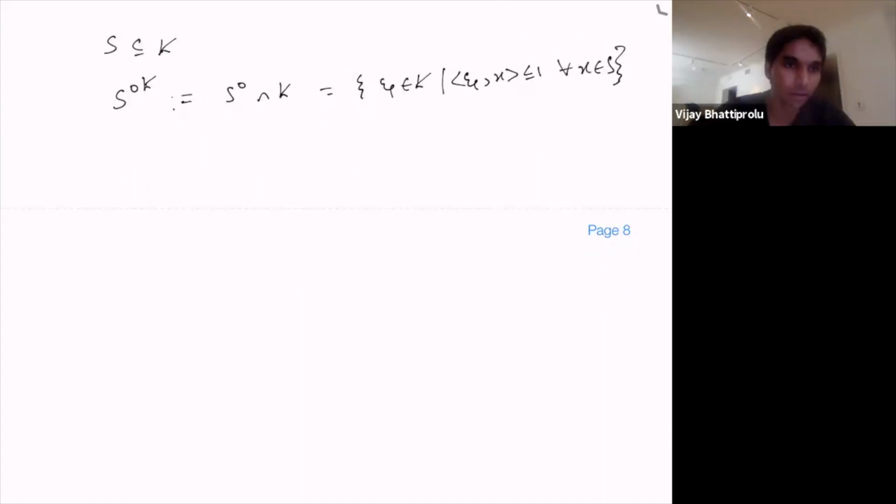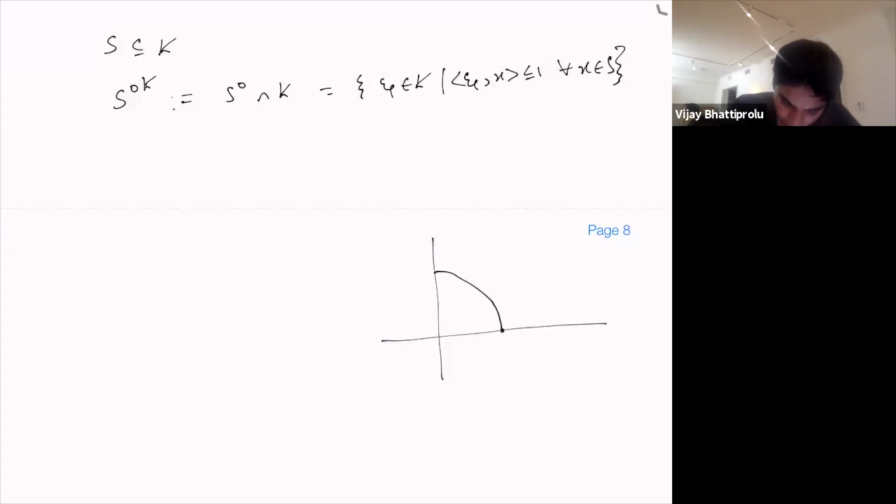Let's look at some examples. If I consider the non-negative orthant in 2 dimensions, and I have the quadrant of the disk, its polar with respect to the non-negative orthant is itself, no change.